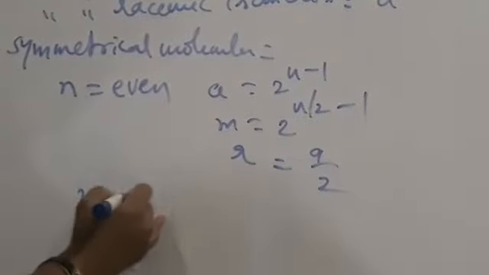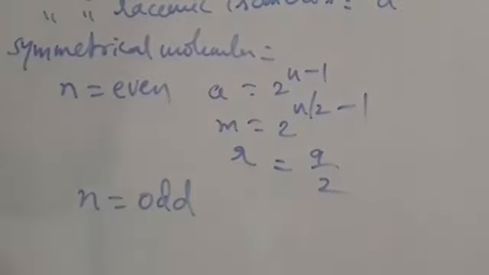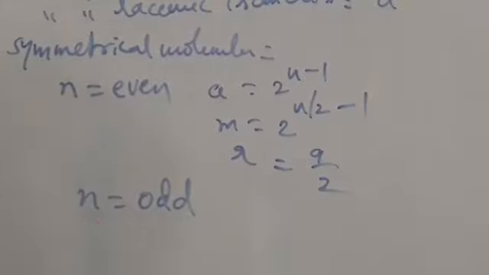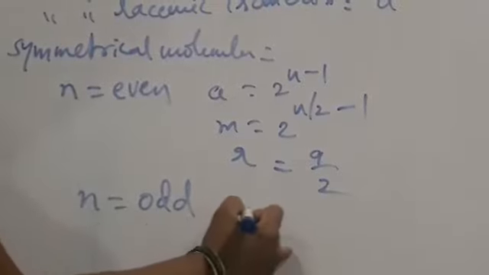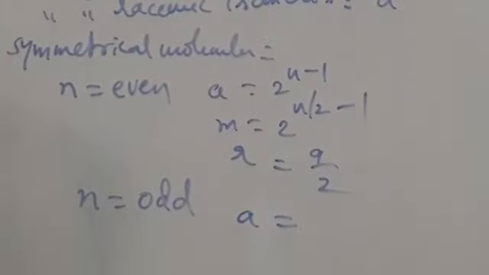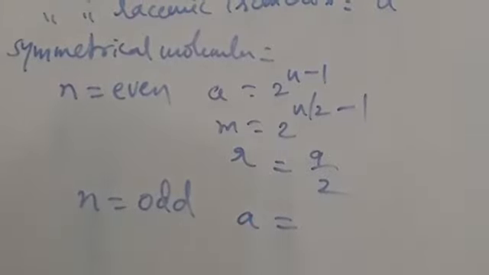Okay. Next, if n is odd, for odd number of chiral centers, we can write the number of optically active isomers A is equal to 2 to the power n minus 1 minus 2 to the power (n minus 1) by 2. Okay.